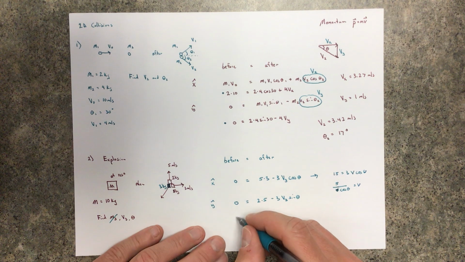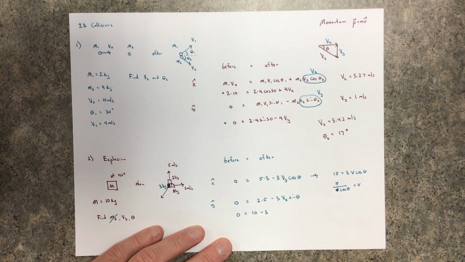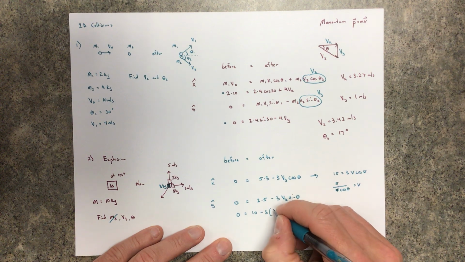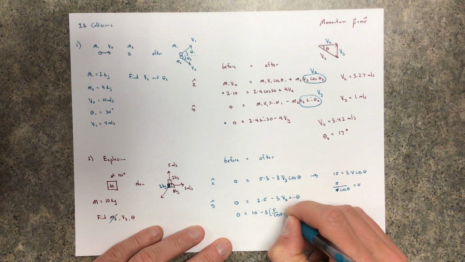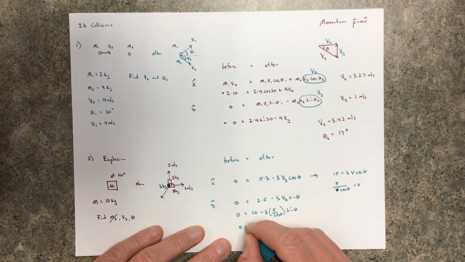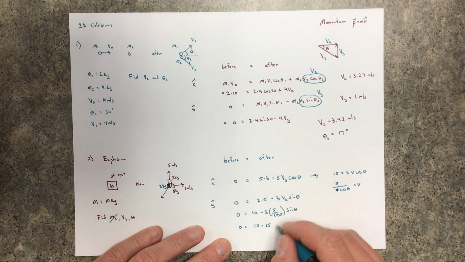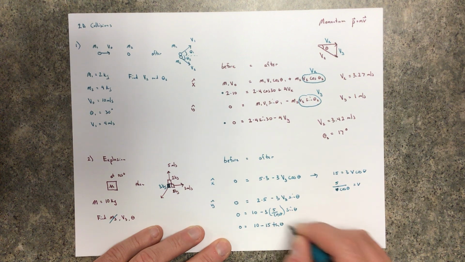Well, then I can just come down here and say 0 equals 10 minus 3 times v, which is 5 over cosine theta, times sine theta. So this is just 0 equals 10 minus 15 sine over cosine, and sine over cosine is tangent theta.